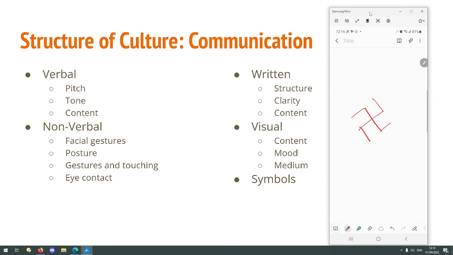But they took it and they turned it into something that should be avoided by their actions. So this now symbolizes that era of death and destruction in Europe or around the world, because they started it and they led with this symbol. So this symbol changed meanings drastically.